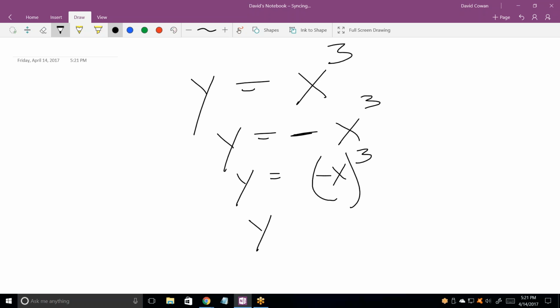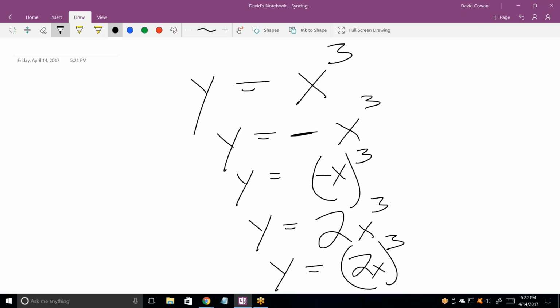I can put a multiplier in front. That's a vertical stretch. I can put a multiplier inside the function. That's a horizontal shrink.